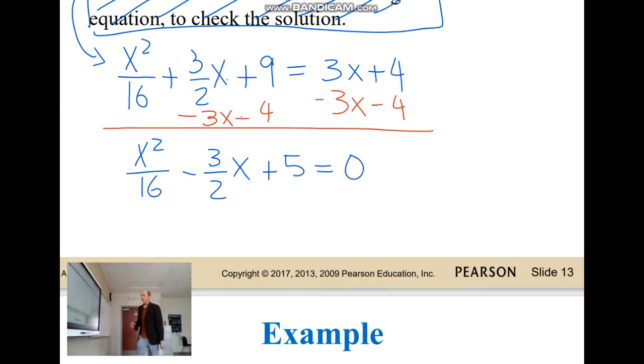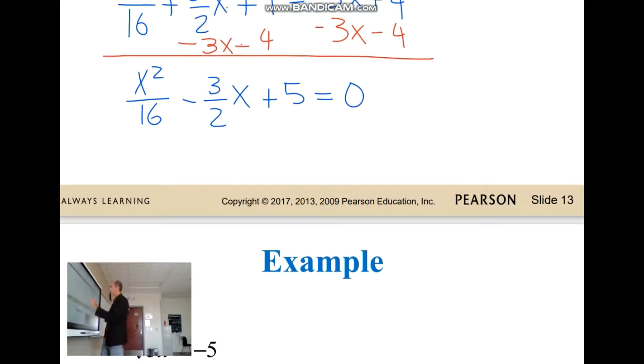One thing that we can do is multiply the whole quadratic equation that we have here by 16, and we will have x squared minus 16 divided by 2, 8, 8 times 3, 24. Plus 16 multiplied by 5 is 80 equals 0.